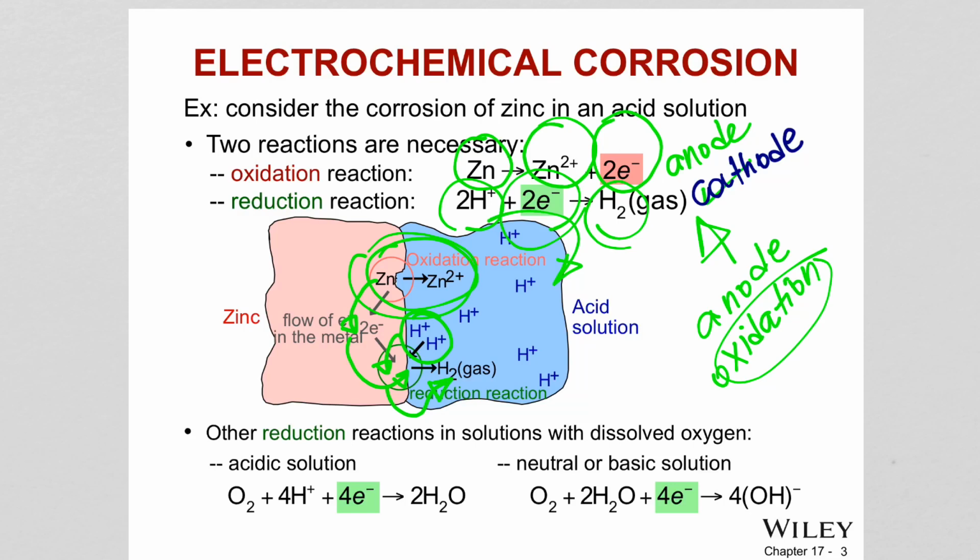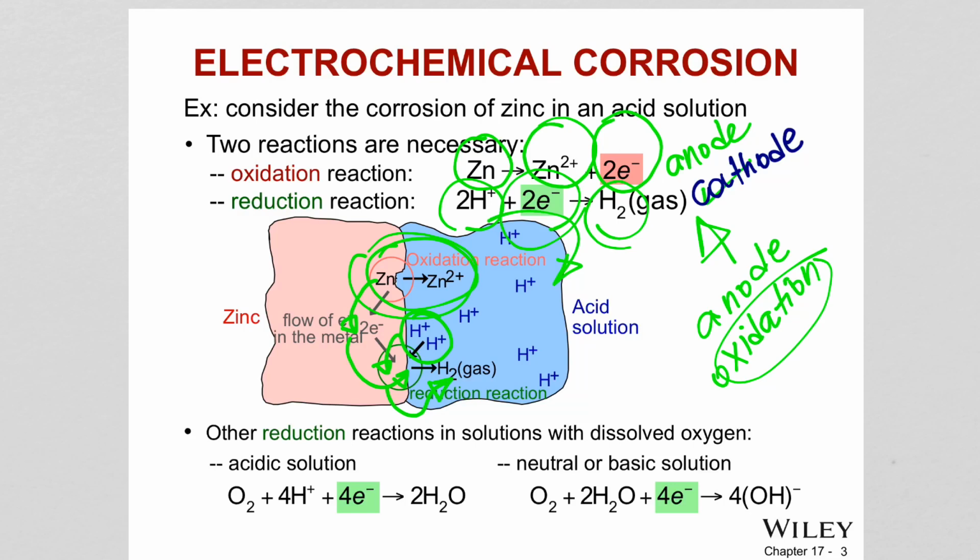Besides the hydrogen ions being interested in the electrons of the zinc, there are other reactions that can take place, like oxygen grabbing the electrons from the zinc. So it is not that only hydrogen ions can get them.